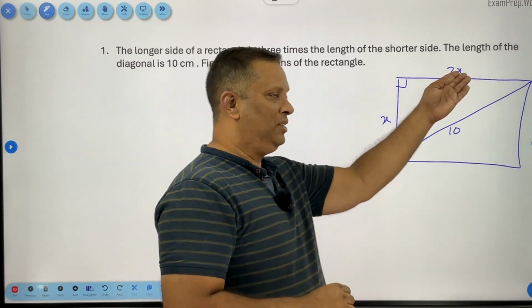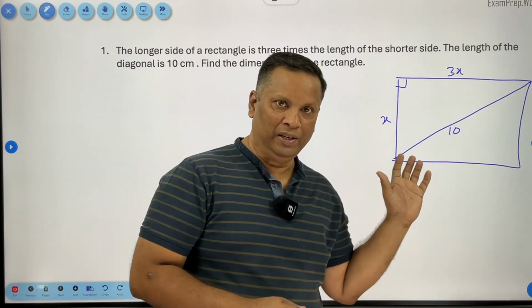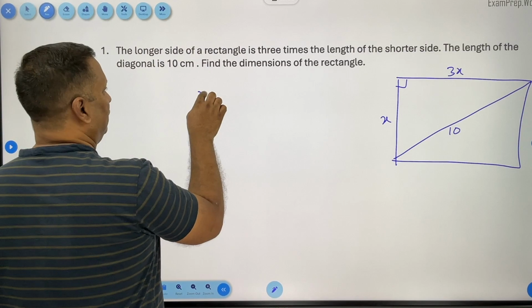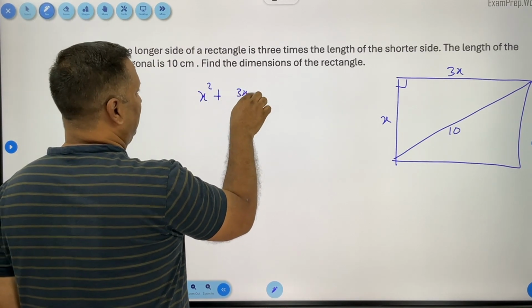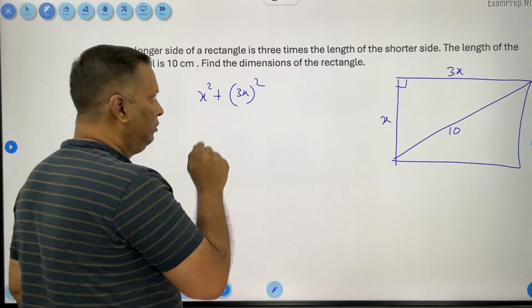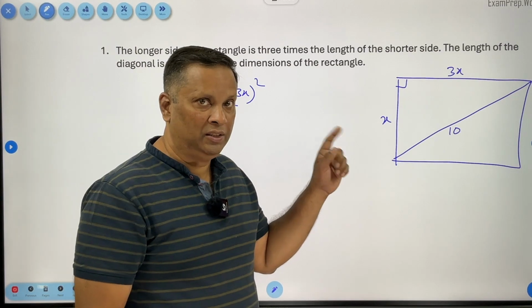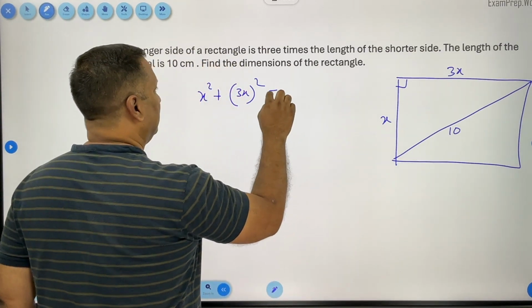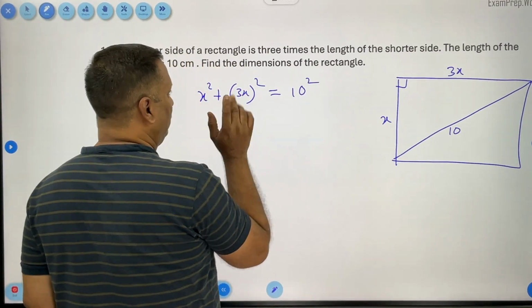So x square plus 3x whole square is 10 square. We can find the value of x. Mind you, it is not 3x square, it is 3x whole square equals 10 square, square of hypotenuse.